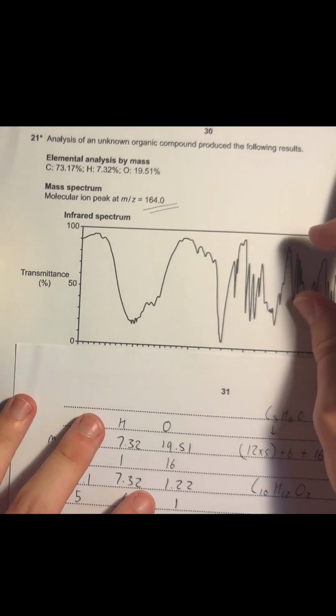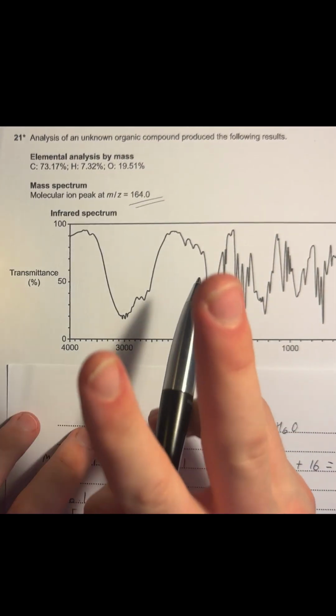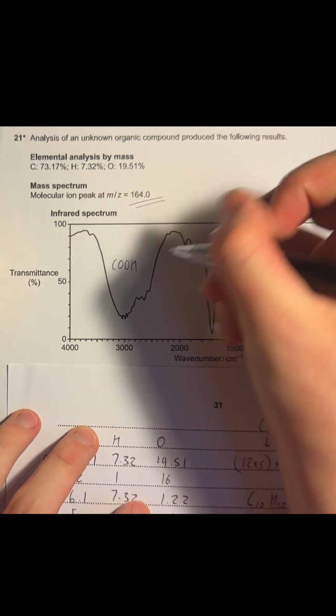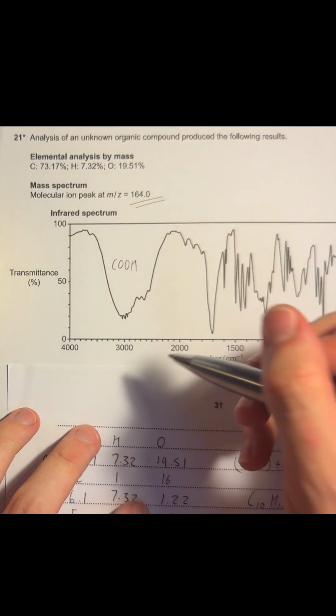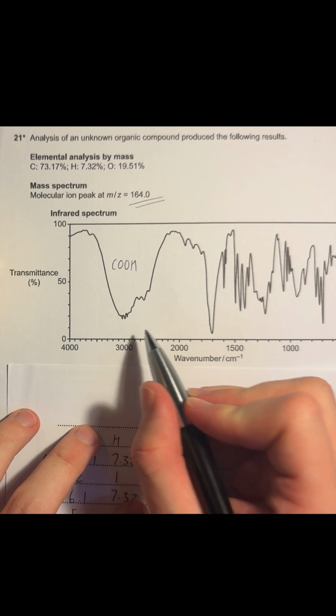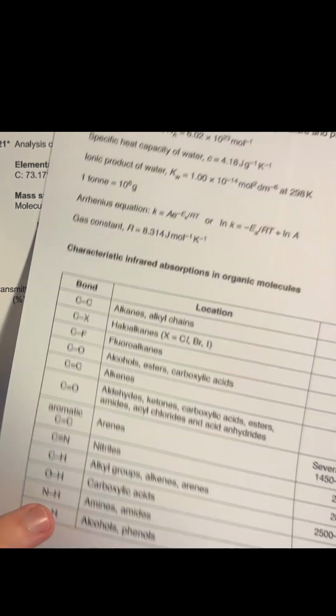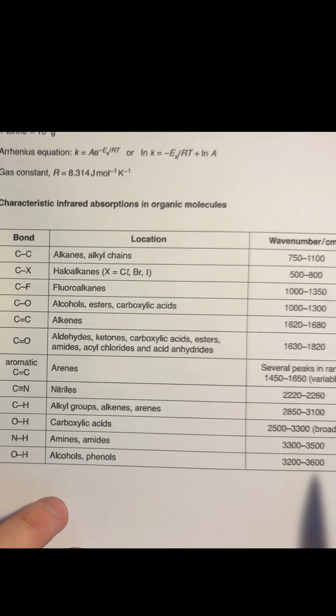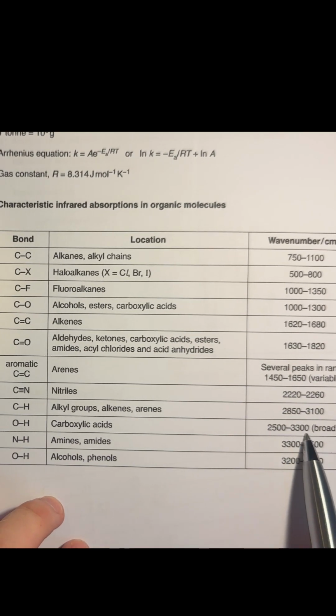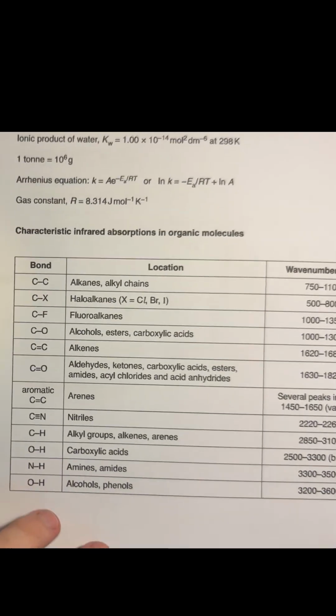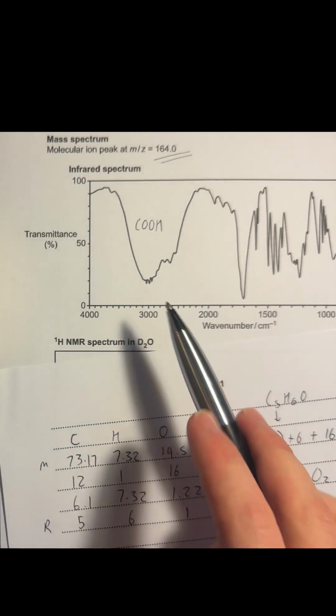Also, when you look at this IR, there's not much to it apart from 2 major things. This is going to be a carboxylic acid group, because it's very wide here, very broad peak around this region, which if you look at the IR sheet, like so, you can see that the broad peak here, 2,500 to 3,300, is carboxylic acids, which is this area here.